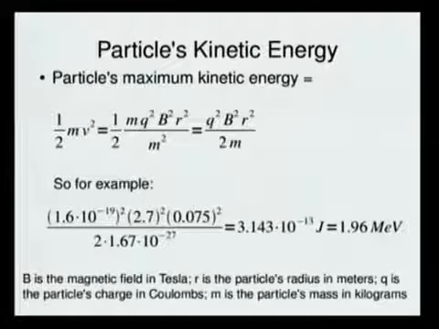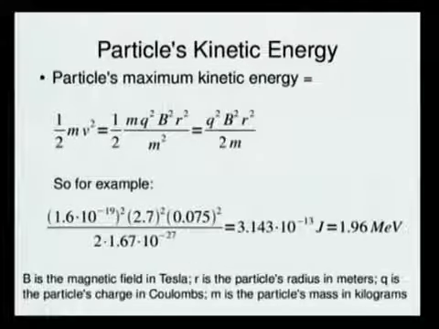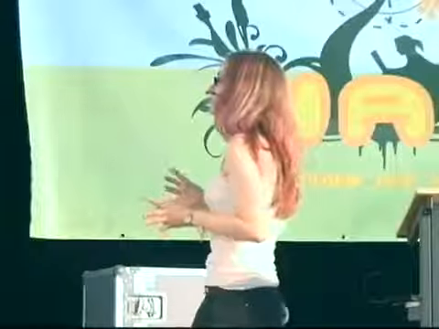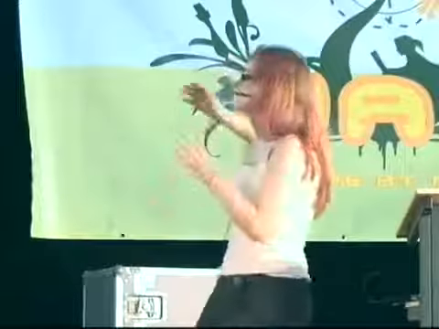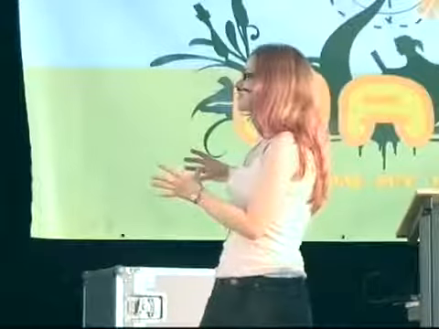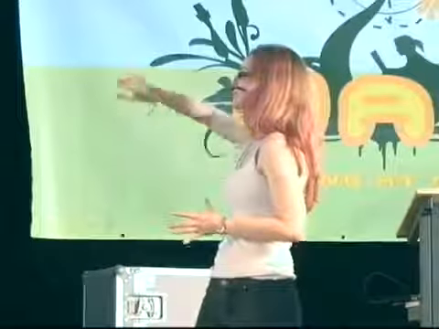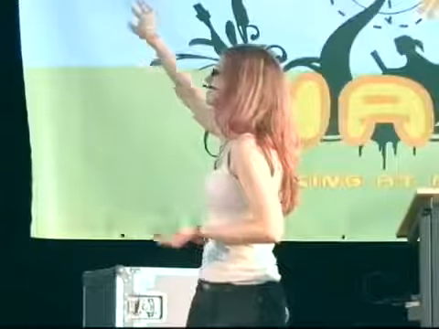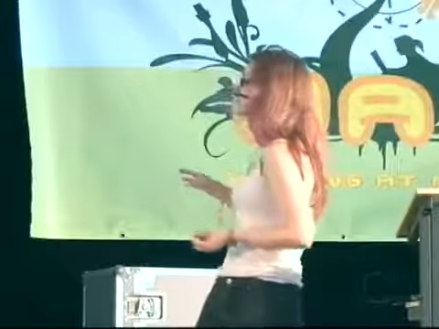Now, kinetic energy. This is what I was talking about earlier with the 1 to 5 MeV. I'm not sure if this is review for anyone, but the kinetic energy of a particle is 1/2 mv squared. You know what v is because that was what I put on the top of the last 5 slides or so. Substitute that in, you get q squared, B squared, r squared over 2m.